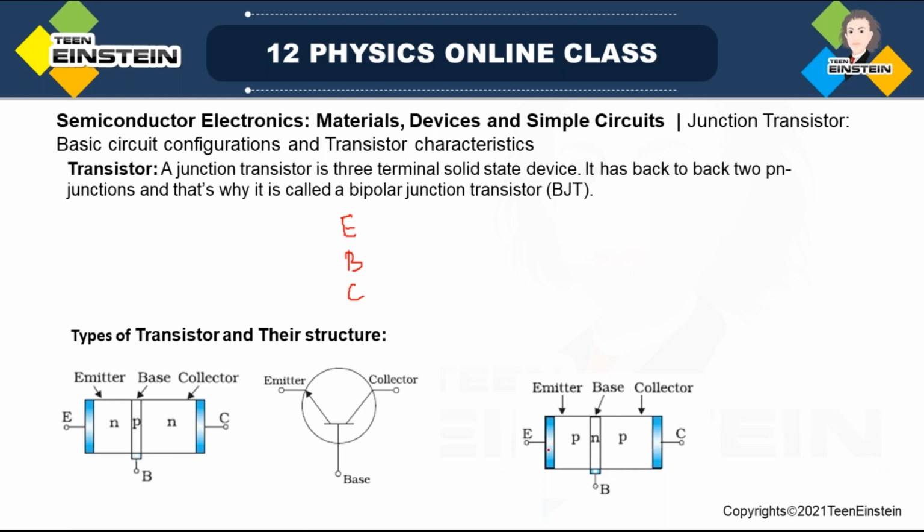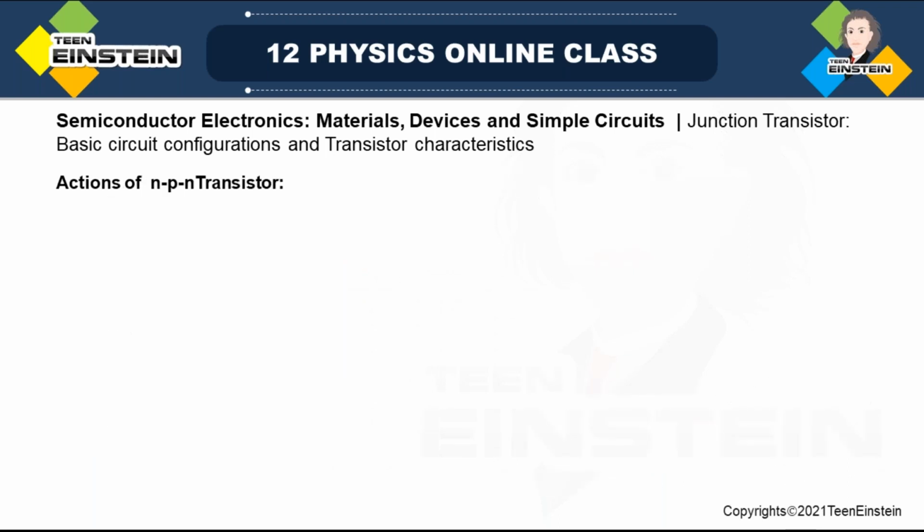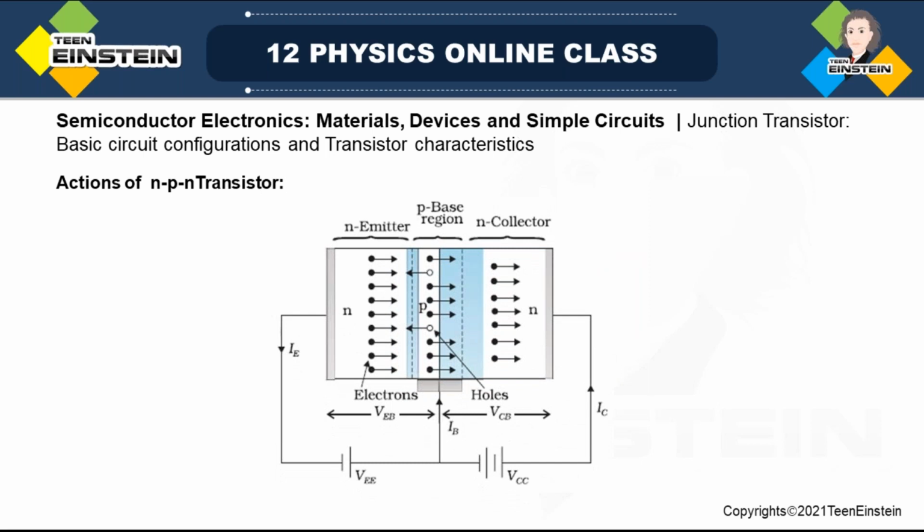And a PNP transistor similarly we can define. What we had learned in the last class is the most important thing, that the operation or action of a transistor we had discussed with the NPN transistor.